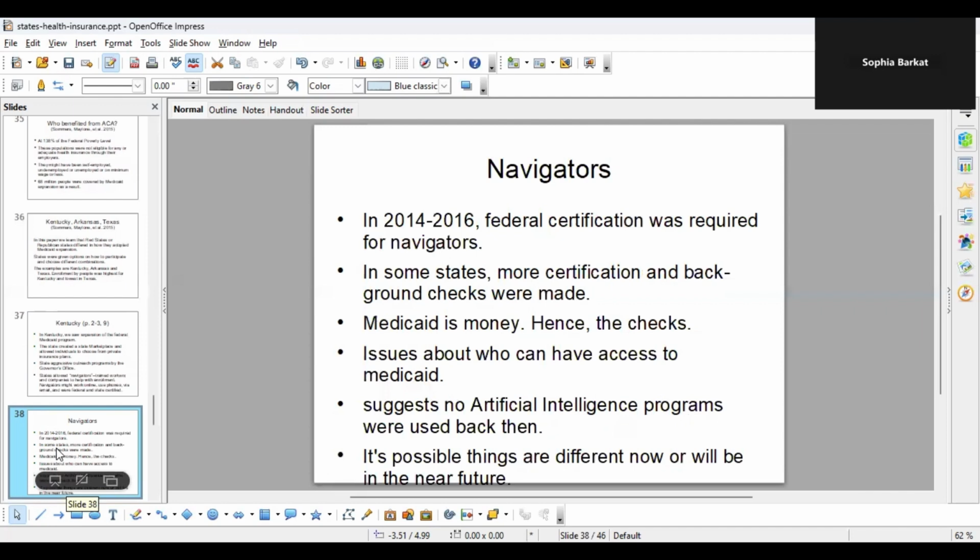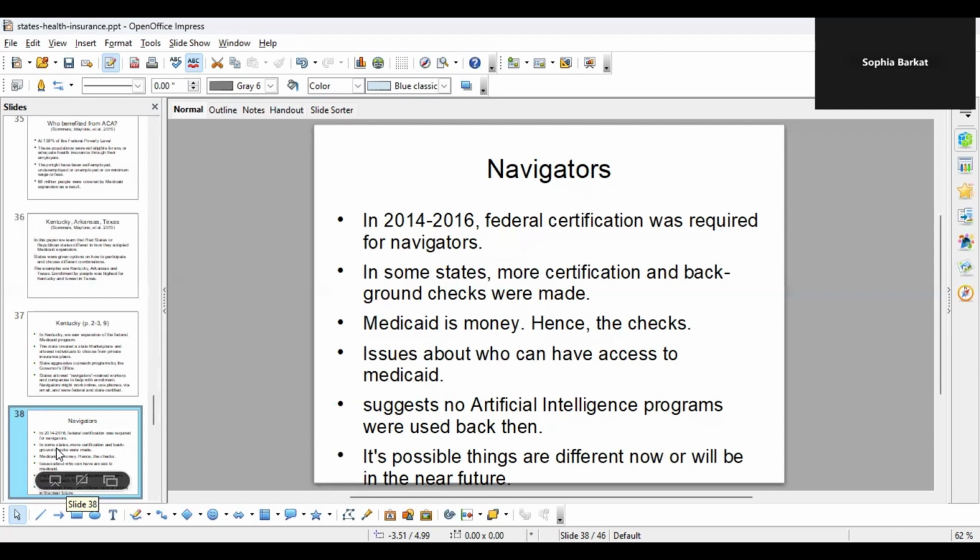Hence, you need the background checks to make sure that they're not signing up people who are essentially not real, basically fake accounts or stealing people's accounts and all kinds of fraud, right? So issues about who can have access to Medicaid.